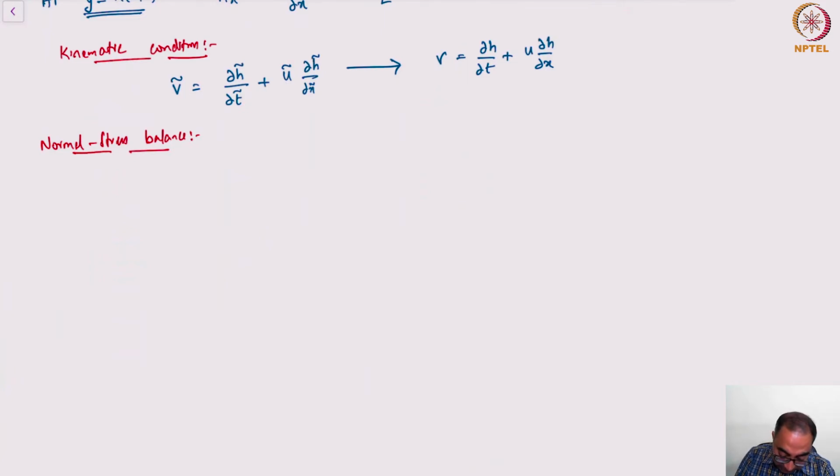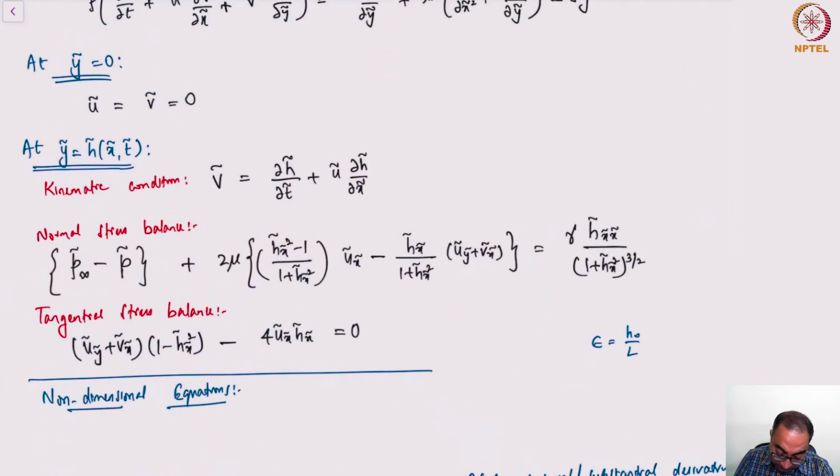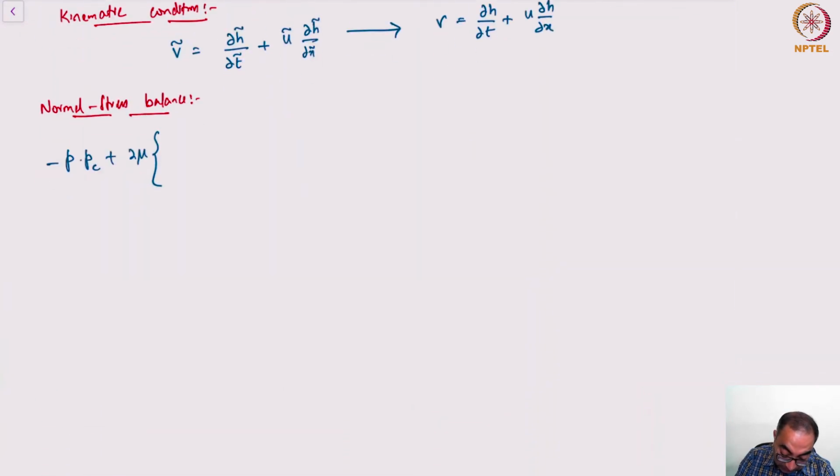So we have P infinity minus P, this times Pc. That's what we have.